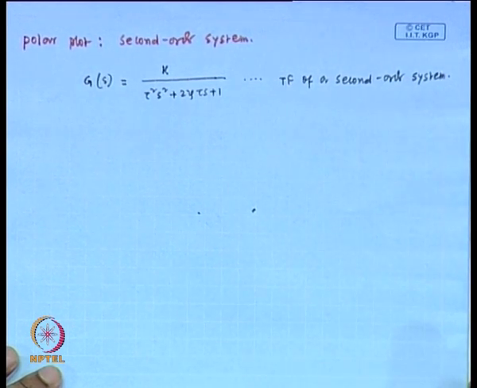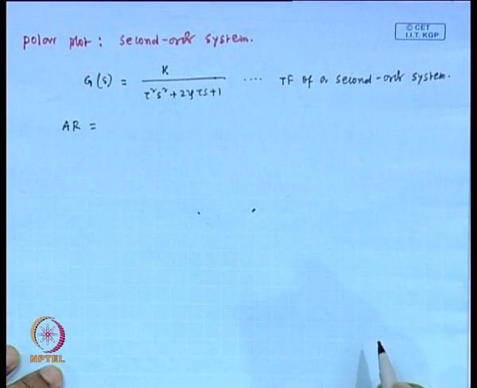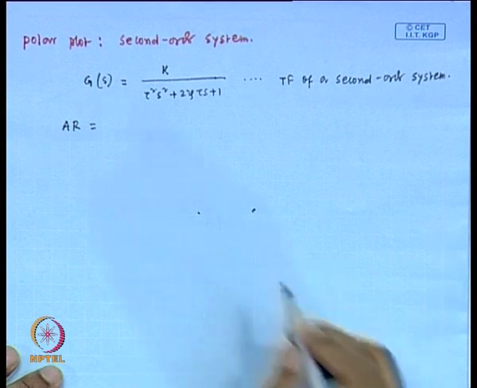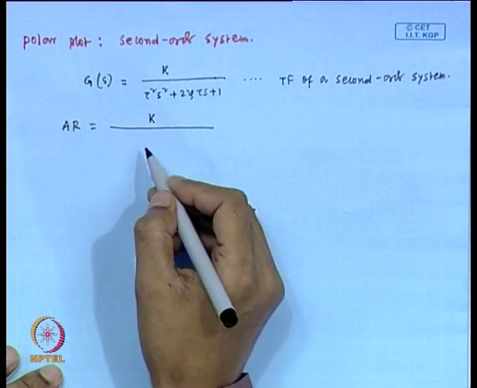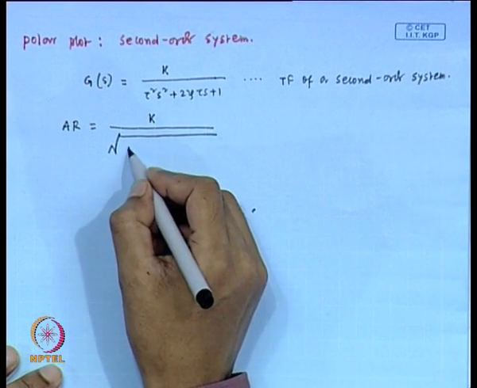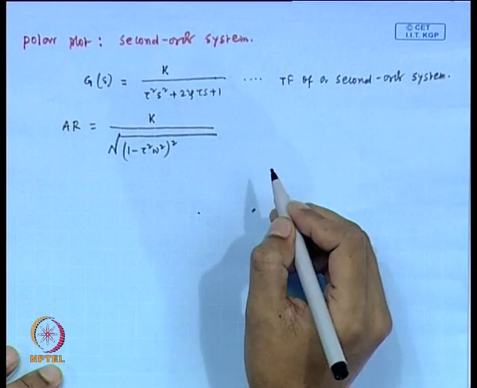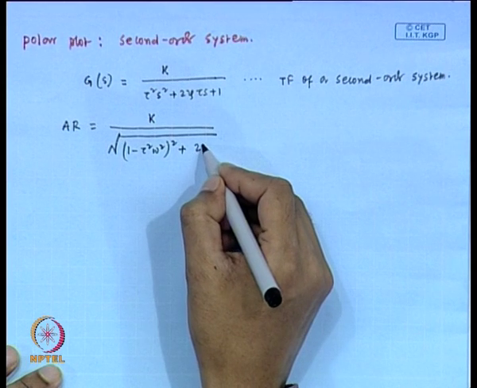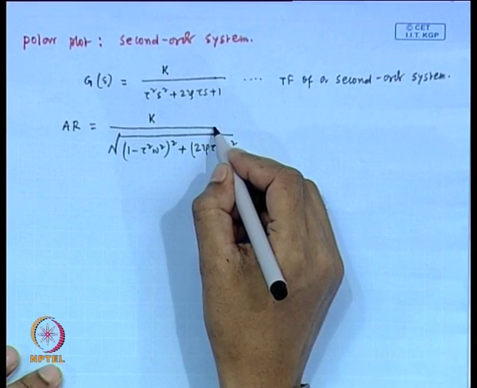Fine. Previously, we determined the expression for amplitude ratio and phi for second order system. Amplitude ratio equals k divided by root over of (1 minus tau square omega square) whole square plus (2 zeta tau omega) whole square.